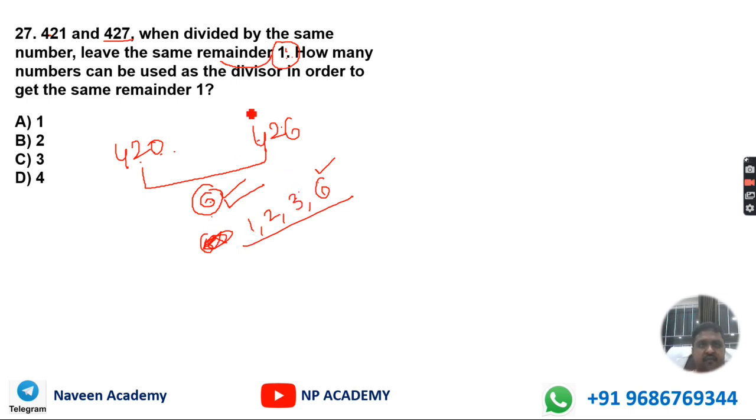If I want the remainder 1, the divisor must be more than the remainder, right? So 1 cannot be possible. Then the remaining numbers are 2, 3 and 6. There are 3 numbers that can be used as a divisor in order to get the same remainder 1, my dear friends. So option 3 is your answer. Clear everybody? Yes or no?